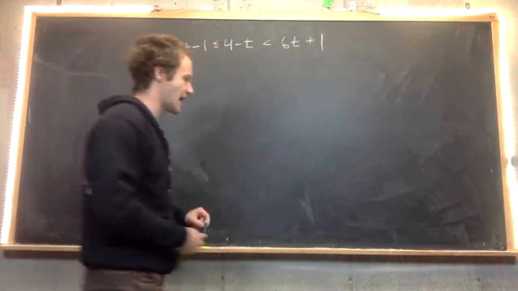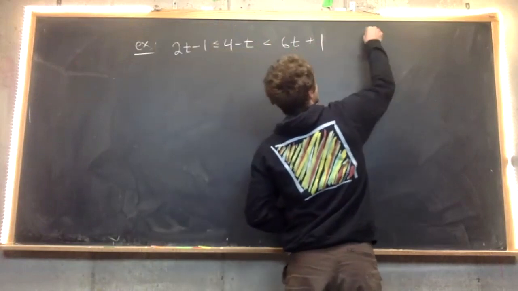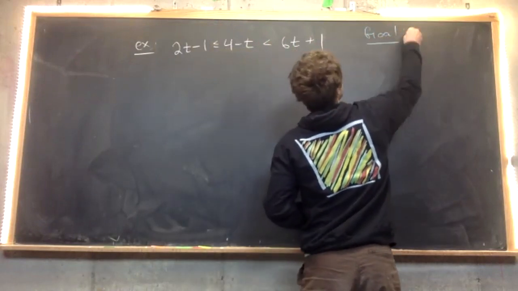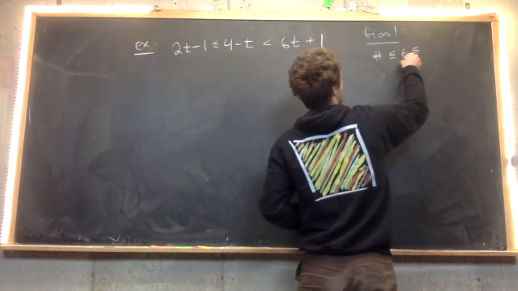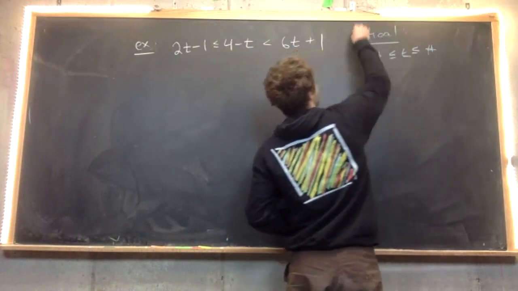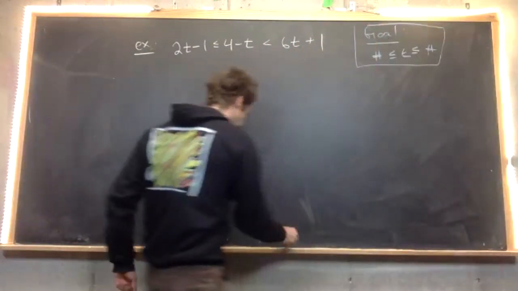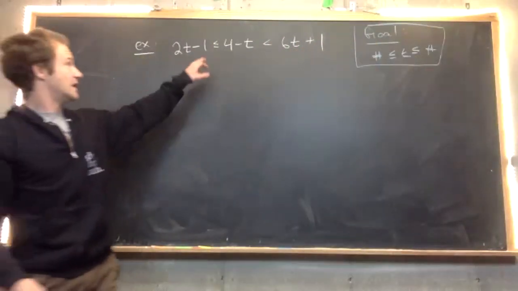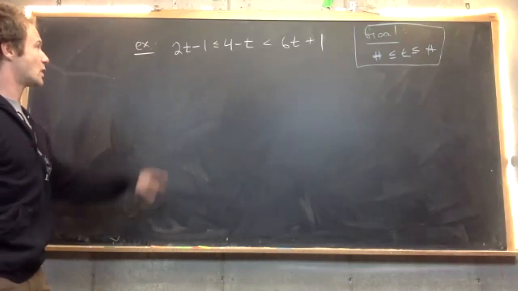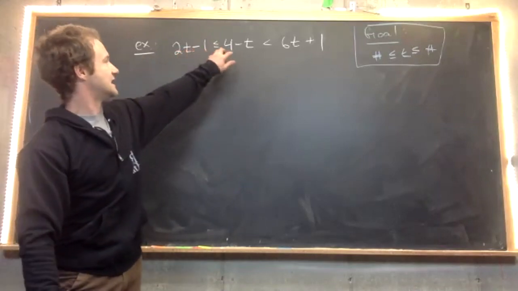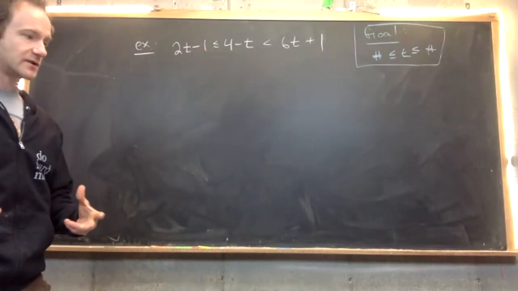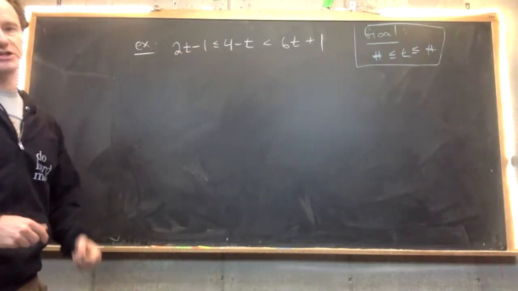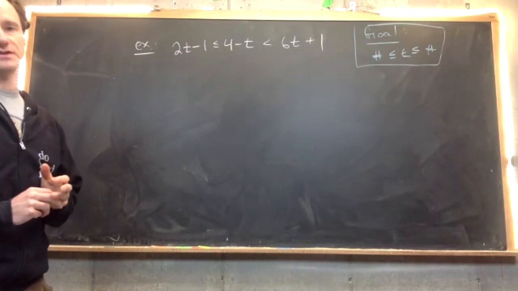And remember that our goal is to get a number on one side, the variable in the middle, and a number on the other side. But with this setup where we've got a variable in each part, that is not possible without breaking this apart into two different questions.